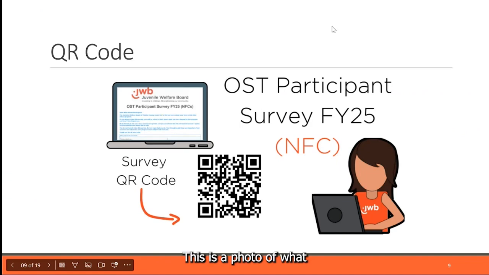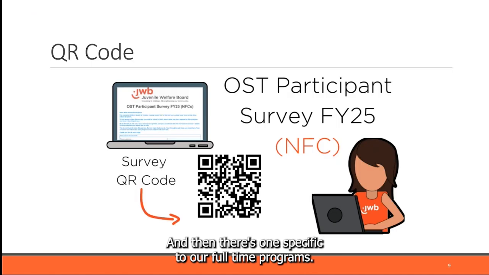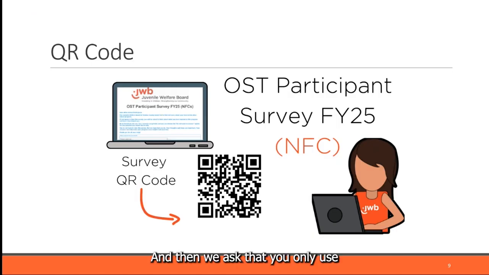This is a photo of what the QR code will look like. There are two: one specific to our NFCs, our neighborhood family centers, and one specific to our out of school time programs. We ask that you only use the QR code during your program hours.